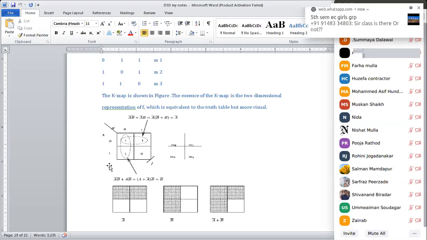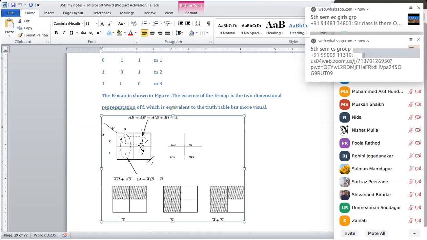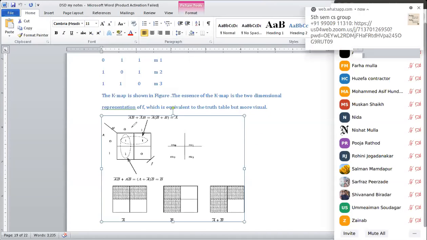Only a square representation I will get here. This is the only representation that I will get from two variables. So here I have written A, and B. A is 0, 1, 0, 1.